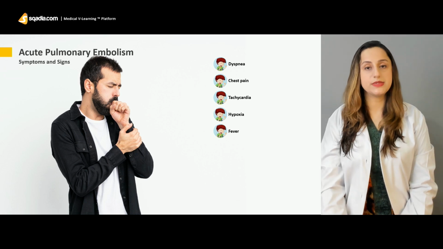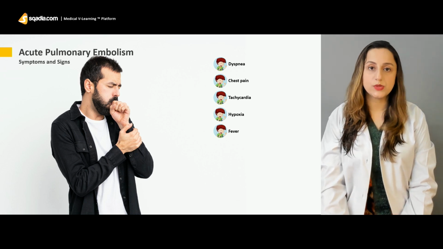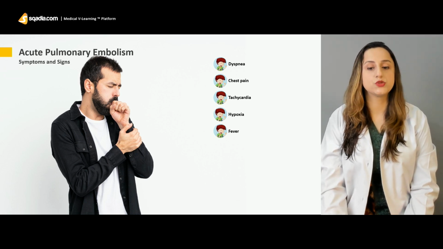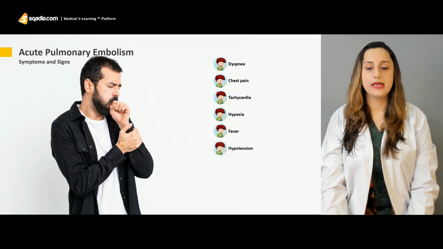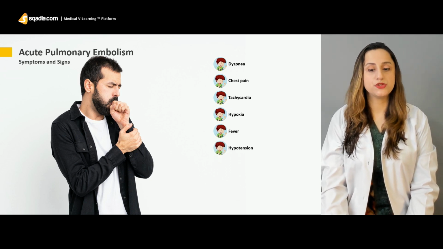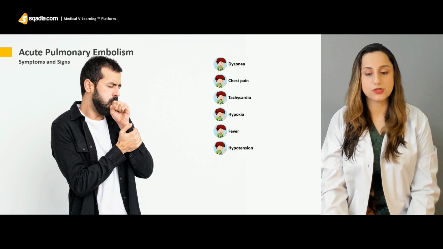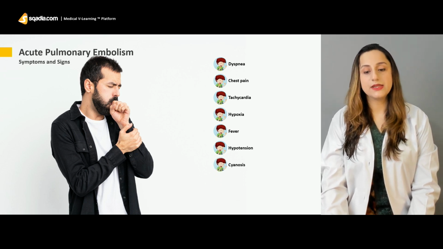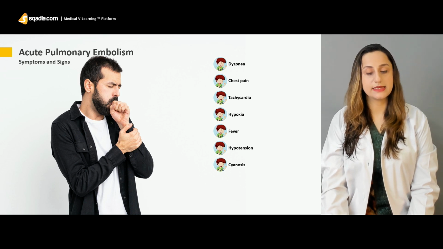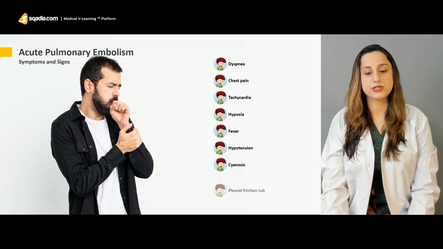So fever has to be looked for, and usually they are suffering from a mild to moderate fever. Hypotension, the patient is usually going into shock due to this cascade of events taking place. Cyanosis is one of the factors that is again seen in these patients, particularly in the peripheral circulation.